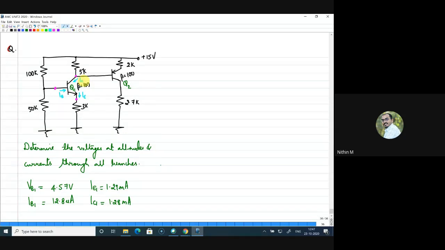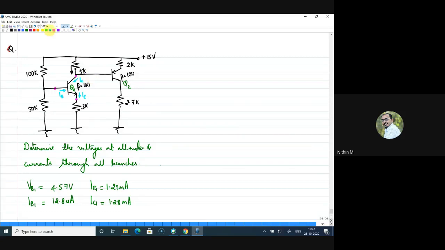Listen carefully. Previously, if this branch is not there, say if this is open, IC will be the same current flowing through 5K. But now I have an additional branch here. Previously the current through 5K was equal to IC. Now IC is the sum of the current through this and the current flowing here.